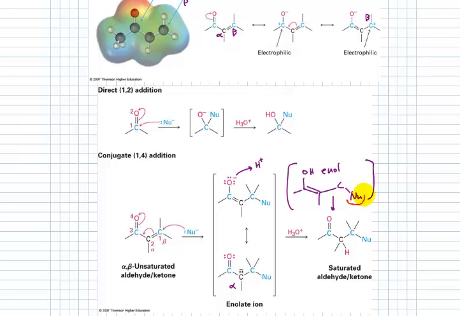Where the nucleophile has added, the H has added. That's our 1, 2, 3, 4 addition. Okay? But what happens? The enol rapidly tautomerizes to the keto form. This H attached to the O becomes attached to the alpha carbon right there.